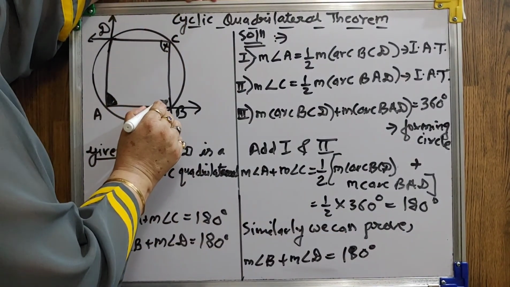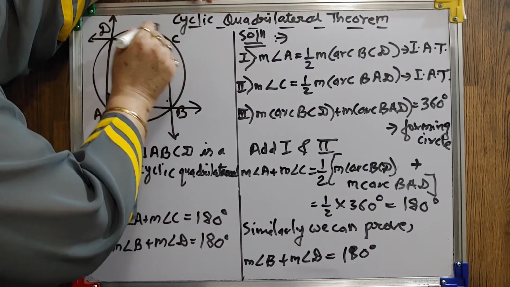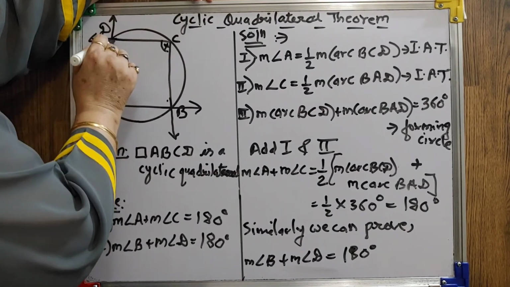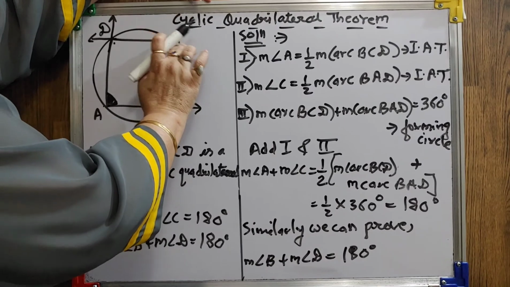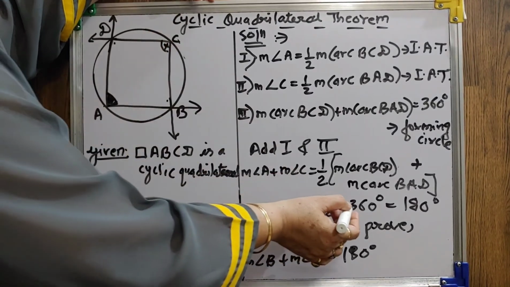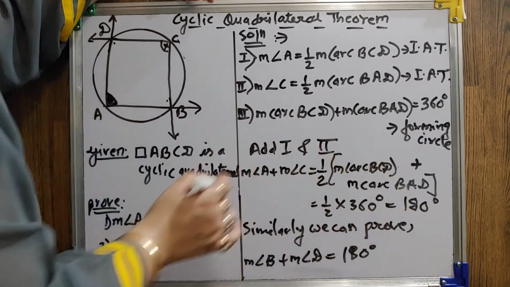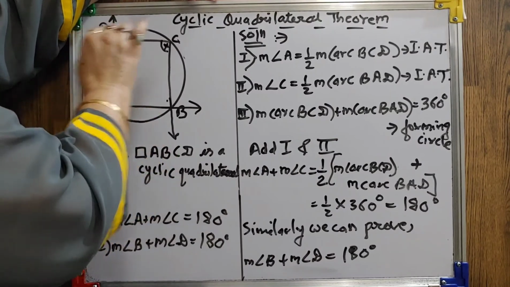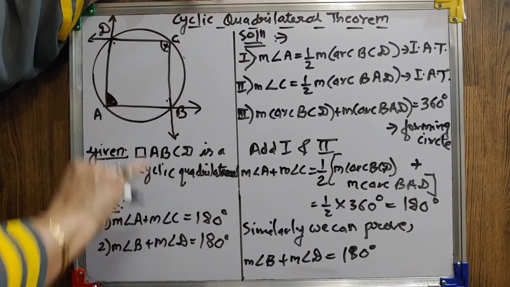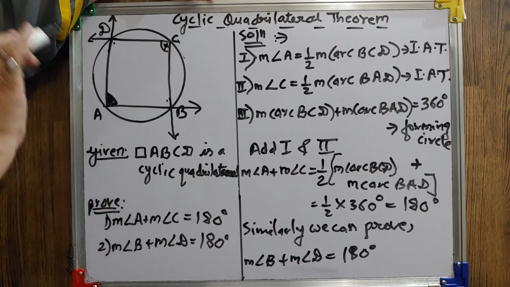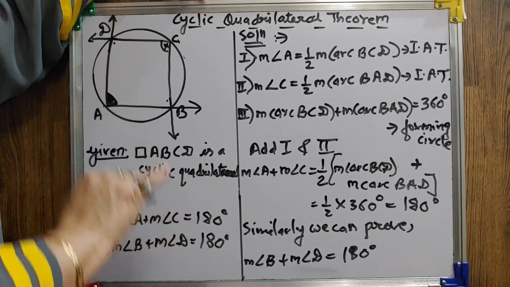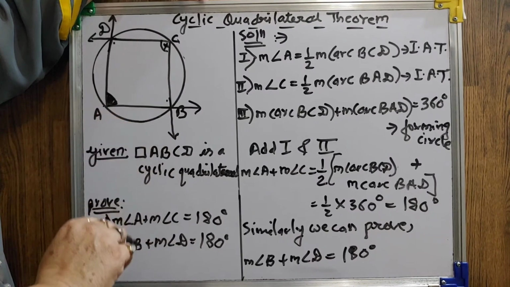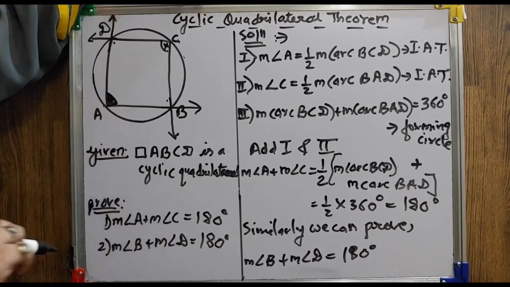If I am taking this angle, my ADC will be the intercepted arc, and for this, ABC is the intercepted arc. When I add, again I am getting 360, half of 360 is 180 degrees. So, in any cyclic quadrilateral, the sum of opposite angles is always 180 degrees. Means opposite angles are supplementary.